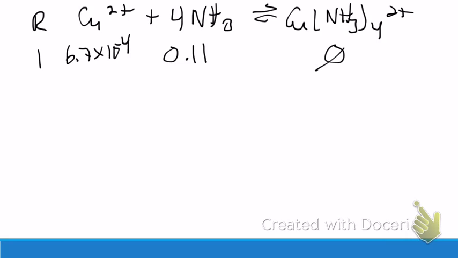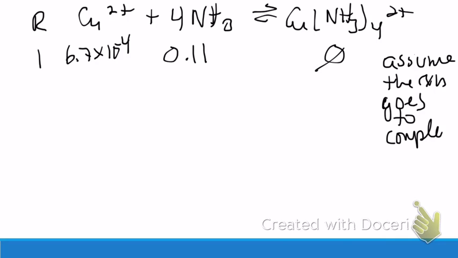This is where it's going to get a little bit different from what we've done in the past with RICE charts. That's because we know that we have a very large Kf, and so we can assume that the reaction is going pretty much to completion, which means that just about all of our copper 2 plus is going to be converted to complex ion.